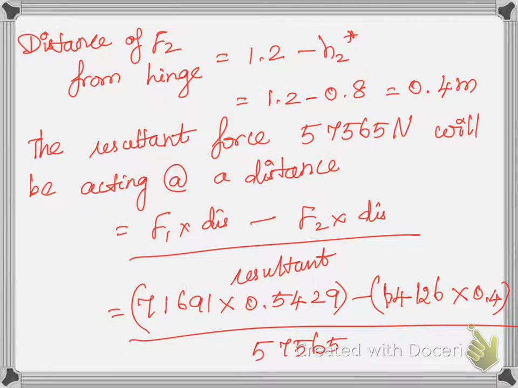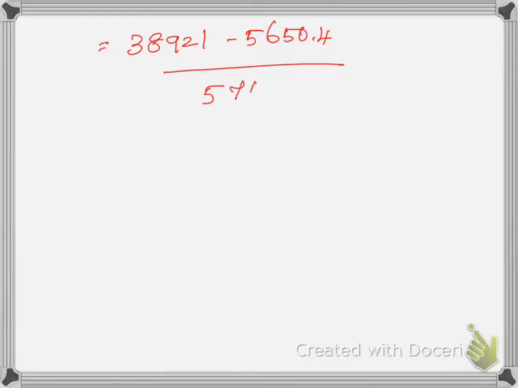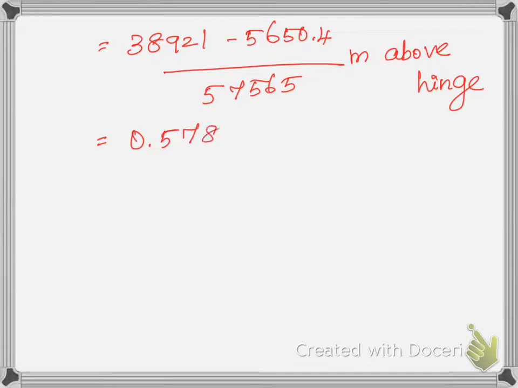So we are going to calculate this, which is nothing but 38921 minus 5650.4, divided by 57565 meter above the hinge. So we are calculating how much distance from the hinge this resultant force is acting at. So that will be equal to 0.578 meter above the hinge.